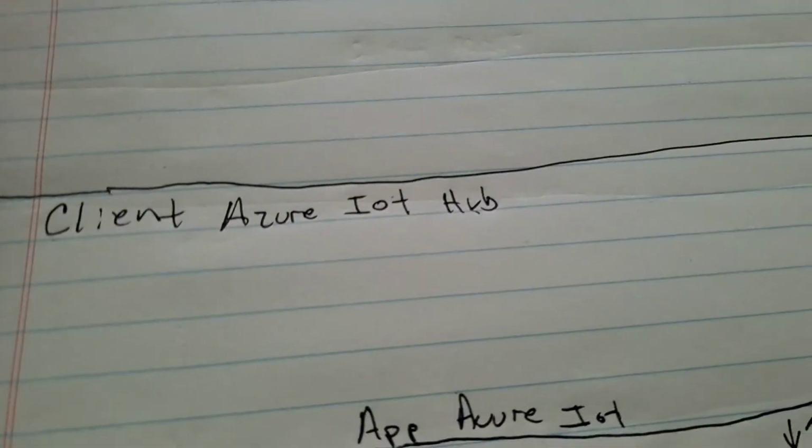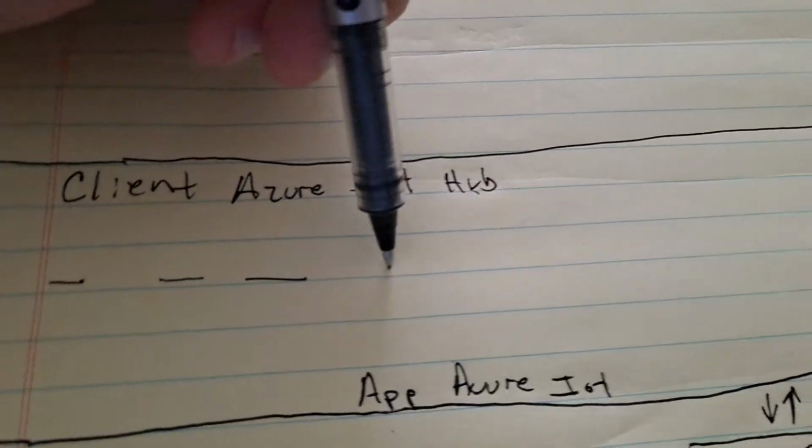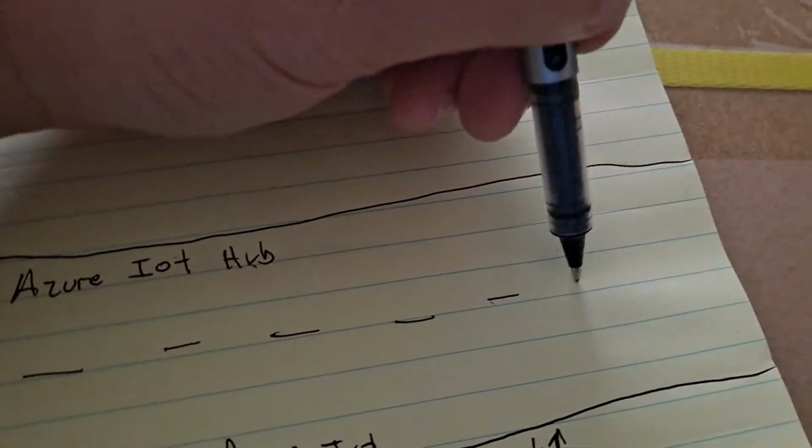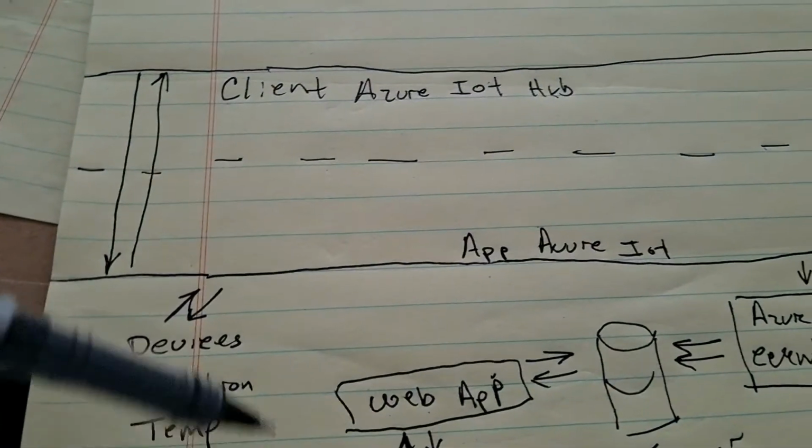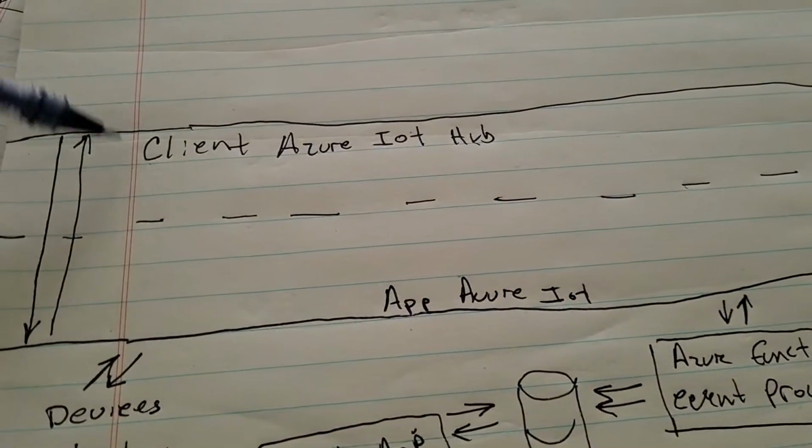So below this dotted line is our application. We plug in to their IoT hub, their data source.